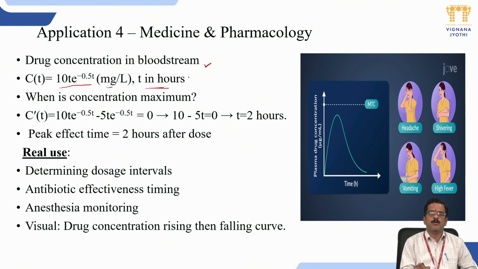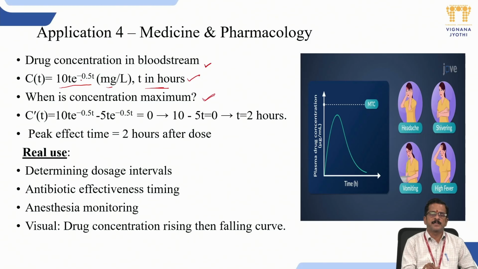This is the concentration function of the drug over a duration of t hours. When is the concentration maximum? We take the derivative of the concentration function, c dash of t.